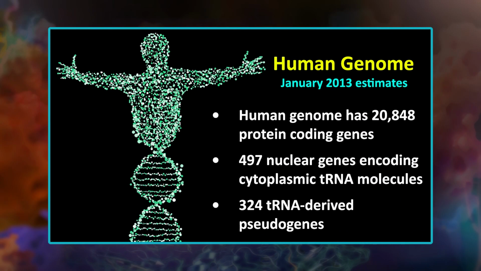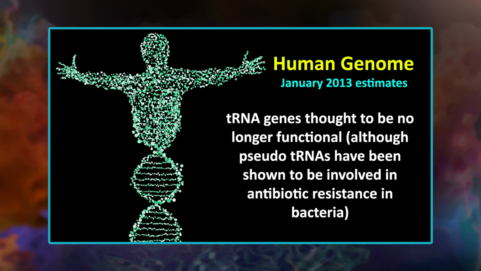In the human genome, which according to January 2013 estimates has about 20,848 protein-coding genes in total, there are 497 nuclear genes encoding cytoplasmic tRNA molecules and 324 tRNA-derived pseudogenes, tRNA genes thought to be no longer functional, although pseudo-tRNAs have been shown to be involved in antibiotic resistance in bacteria.